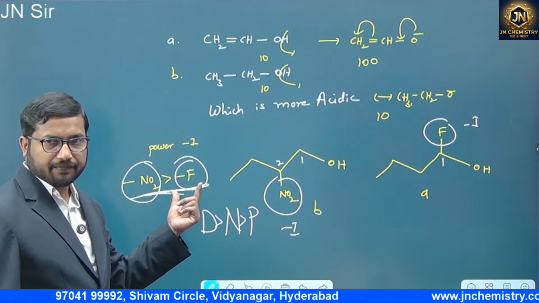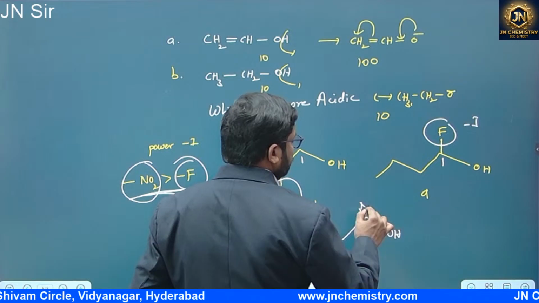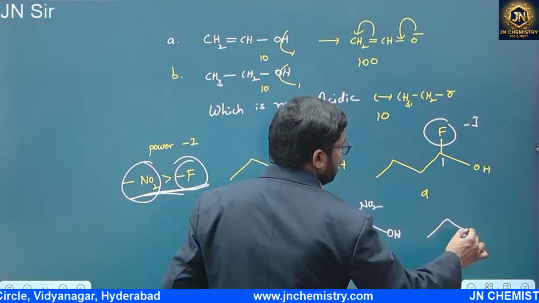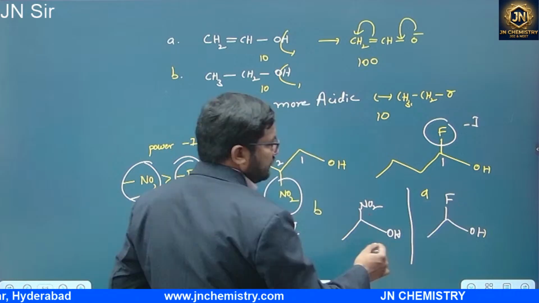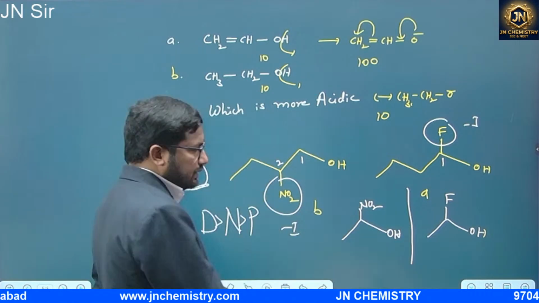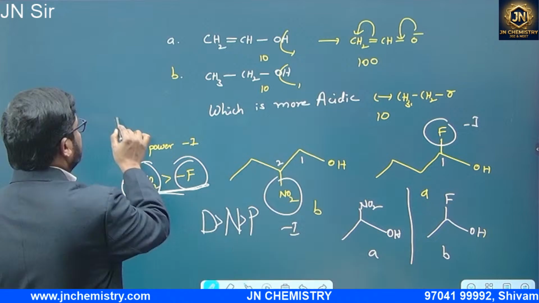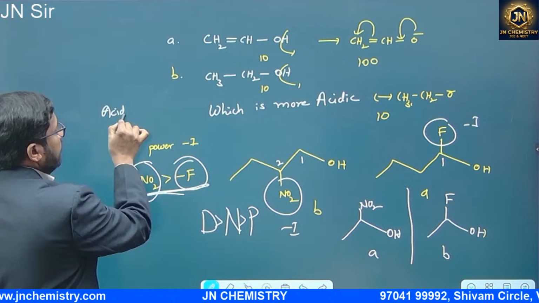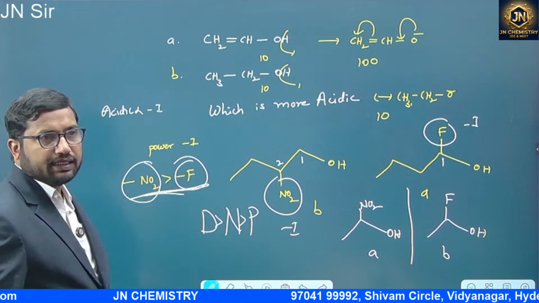For example, if the same question is given like this, OH NO2, OH fluorine, which is more acidic? Acidic nature means what? Acidic nature is directly proportional to minus I. More minus I, more acidic.